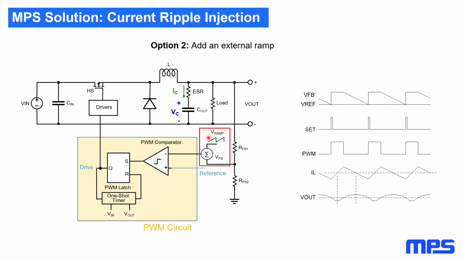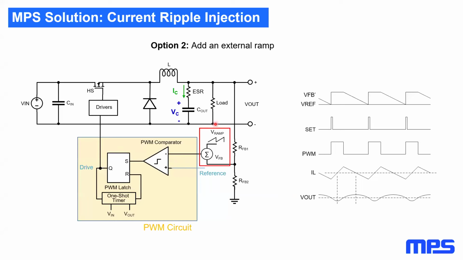So the second option we have is for resolving the subharmonic oscillation in a pretty similar way that we resolve it in current mode control, which is adding a ramp voltage to our feedback signal. This will ensure that we have periodicity in our control signal, and therefore we'll be able to avoid entering subharmonic oscillation.